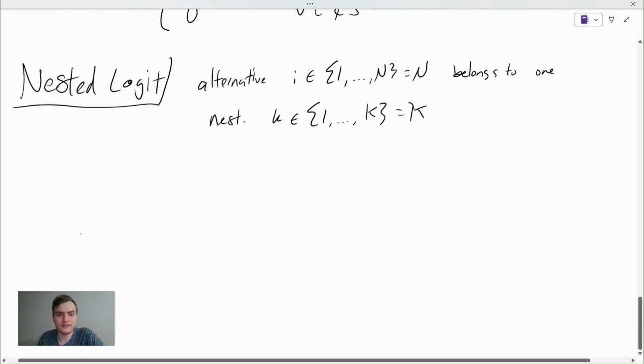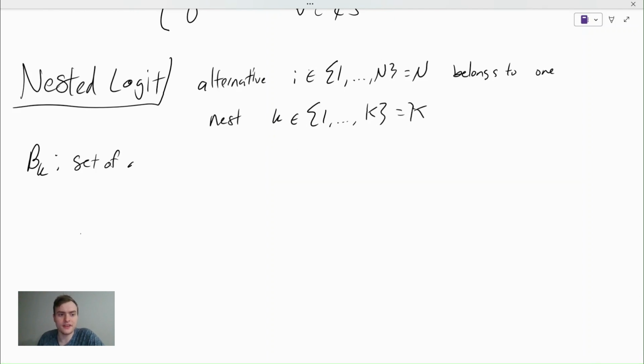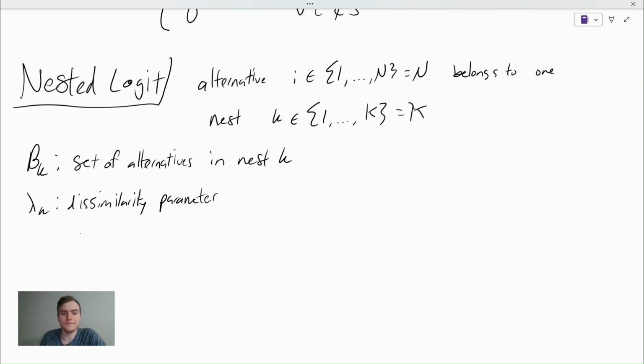And let's let BK be the set of alternatives in nest K. So given a nest, we know which alternatives belong to it, and vice versa. And additionally, each nest has lambda K, which is a dissimilarity parameter representing how similar the alternatives within a nest are to each other.